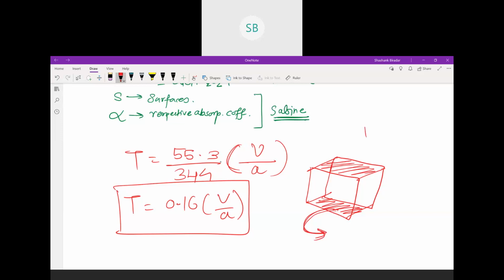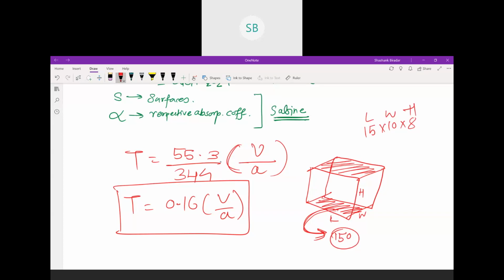The dimensions were 15 by 10 by 8, length, width and height. Now I'm considering the floor, which has length and width. Length into width is 150. This is the floor area.